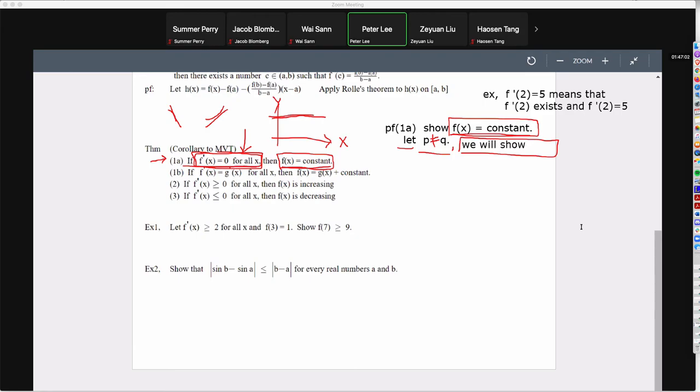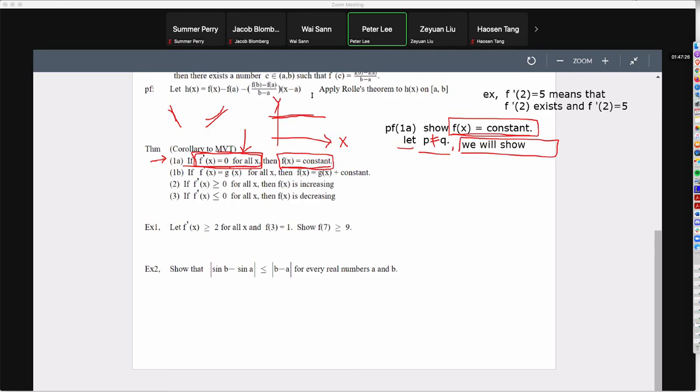This is where the logic works. Here I'm in the process of showing that f is constant. To show that f is constant, I picked two numbers, P and Q, which are not the same. What statement do you think I need to show which will show that the function is constant?